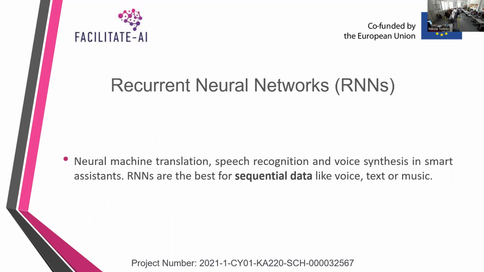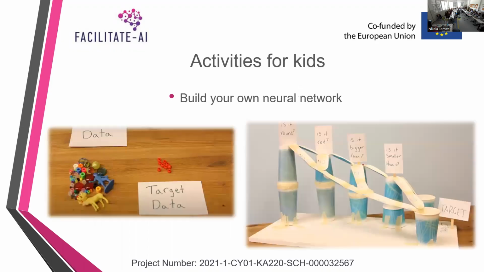And an example that you can teach the students with hands-on experience, on a lower level, or even a higher level, but it's a game more for smaller kids, is this one. You take plastic cups or whatever, and put some decisions here.